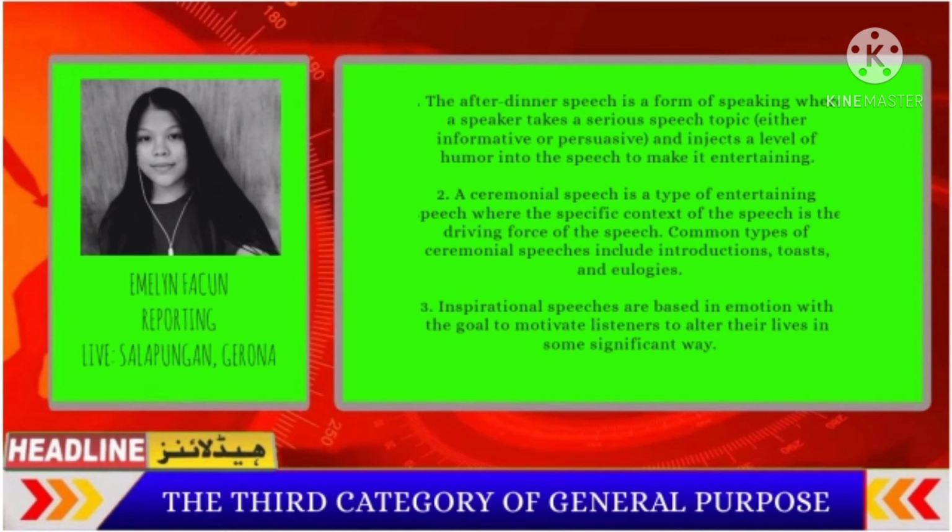The final type of entertaining speech is one where the speaker's primary goal is to inspire her or his audience. Inspirational speeches are based in emotion, with the goal to motivate listeners to alter their lives in some significant way.